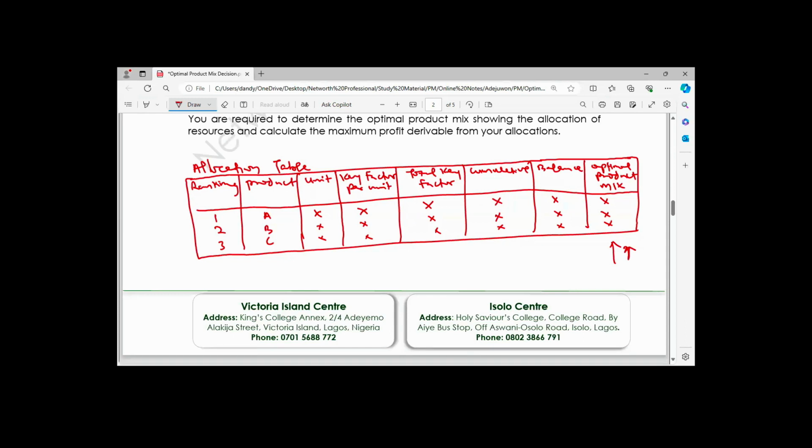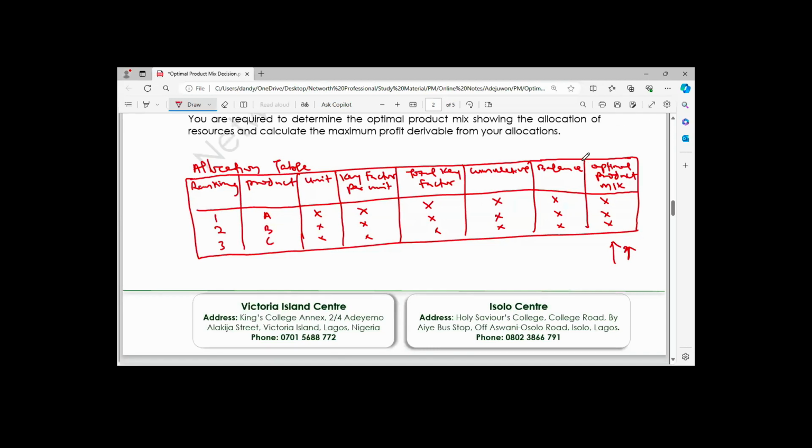So you add the 2 of them together. Those are the 2 elements that will make up the production plan that will maximize contribution. Then finally, you need to determine the profit derivable from the allocation. So those are just the procedures of determining optimal product mix. That's all.